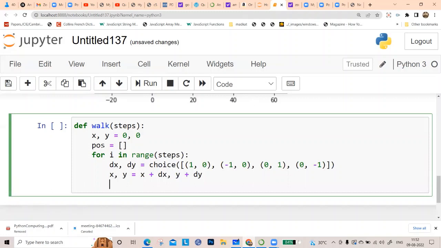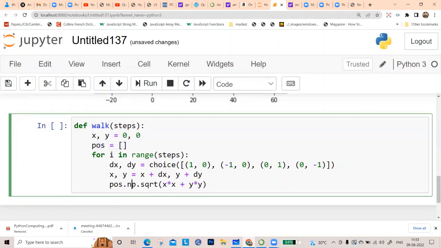And let me calculate np.sqrt of x*x plus y*y. So this is the Euclidean distance, that means x squared plus y squared and the square root of this. Since the initial position is 0, 0, it is always x squared plus y squared. Otherwise, it would be x1 minus x2 whole squared plus y1 minus y2 whole squared under the square root, and so on.